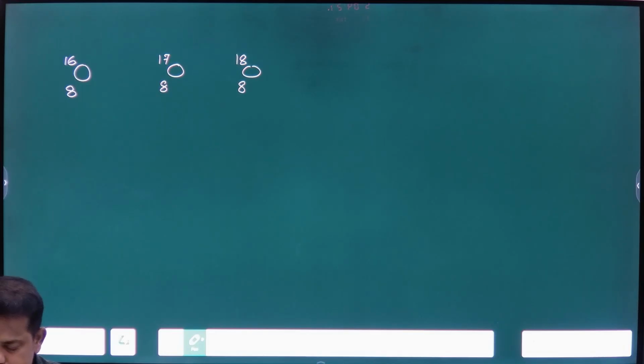Therefore, the physical properties of the isotopes of an element are slightly different.